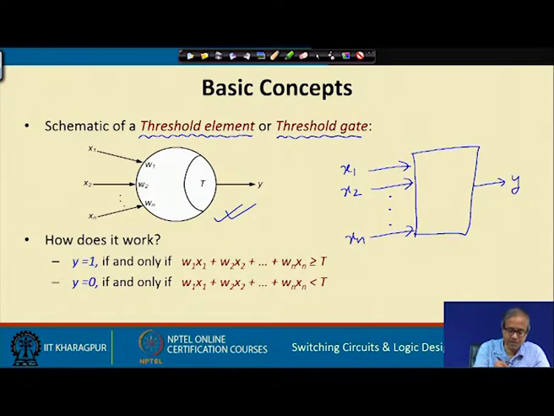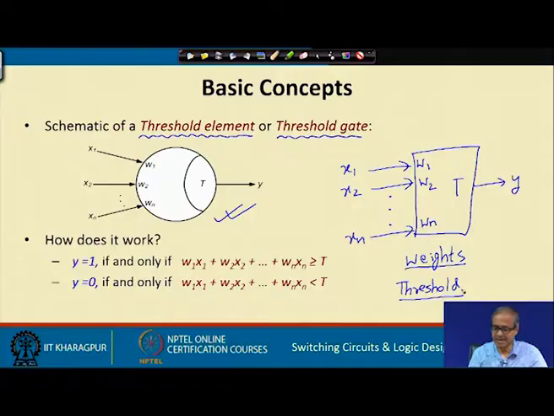Now, there are a few other parameters you can see. Each input is assigned some weight. This W 1, W 2, W n, these are called weights. And there is another parameter called T. T is called a threshold.